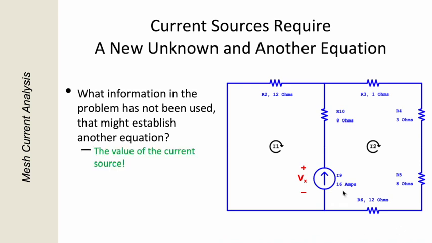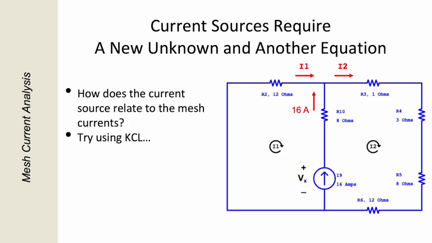Well, the value of the current source itself hasn't been used. Now we'll need to incorporate that to form another equation that is related to the unknowns, which are the mesh currents. Okay, since the current source establishes a current, the mesh currents are also currents, it would be natural to consider using Kirchhoff's current law, since that relates currents.